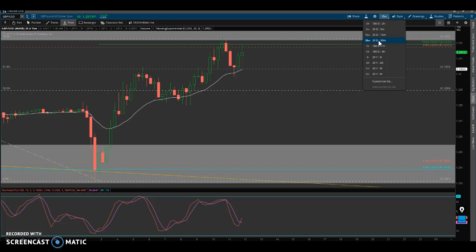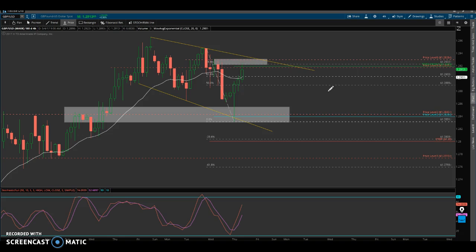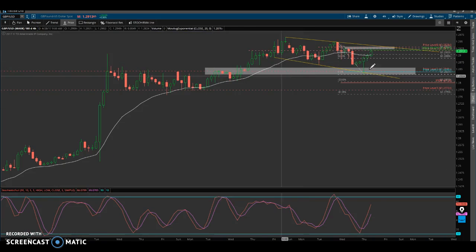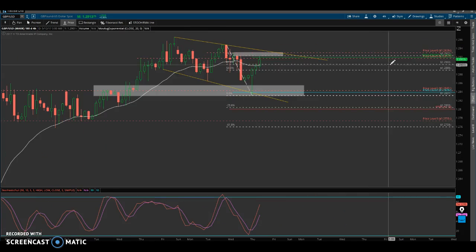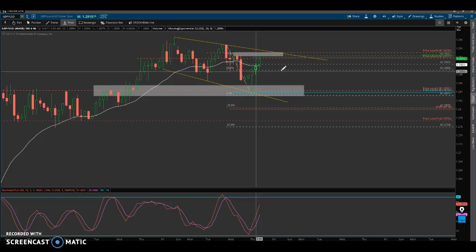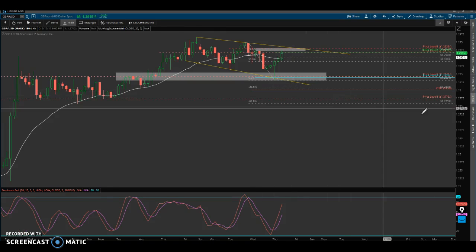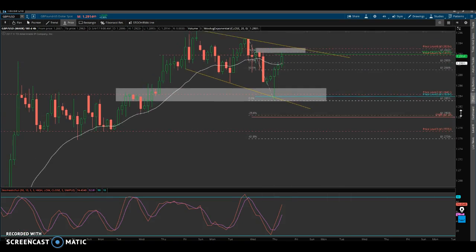The top of that 4 hour consolidation bull flag, or whatever you want to call it, is just above that, so that's a possible target as well. Bulls are stepping back in here, but that was a quick 80 pips.